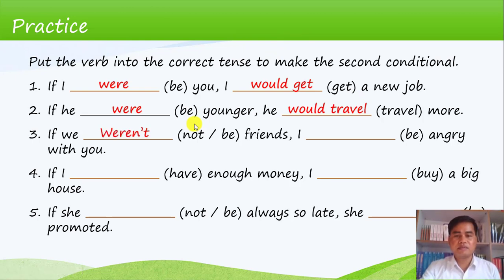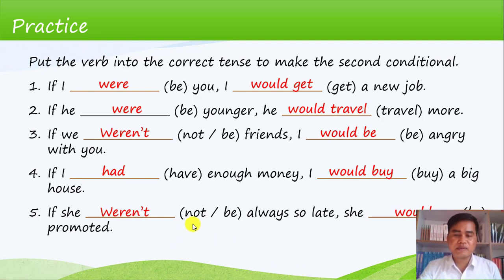If we weren't friends, we would be angry with you. Number 4. If I had enough money, I would buy a big house. Number 5. If we weren't away so late, she would be promoted. Okay, thank you everyone, you did the answers correctly here.